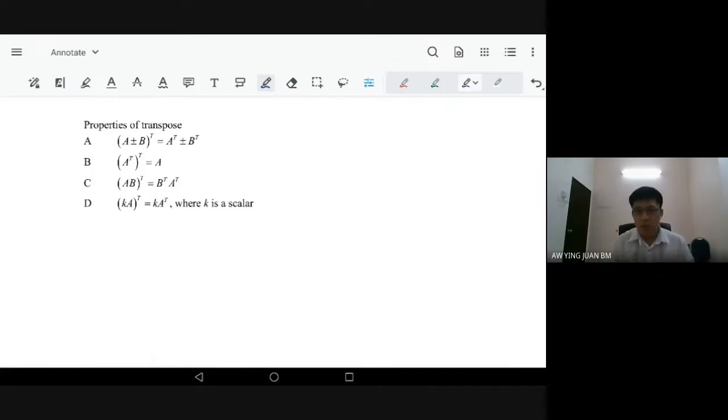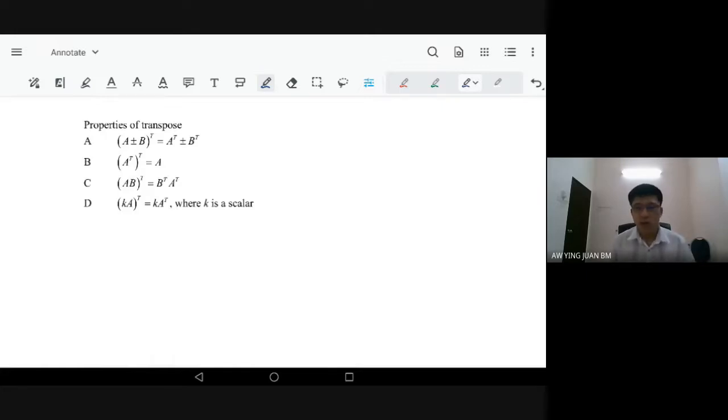If we expand, we will have A transpose plus or minus B transpose. For the second one, we have (A transpose) transpose, which means that row 1 becomes column 1. Then after that, transposing for the second time, the columns become rows. So we are back to the basic matrix A.